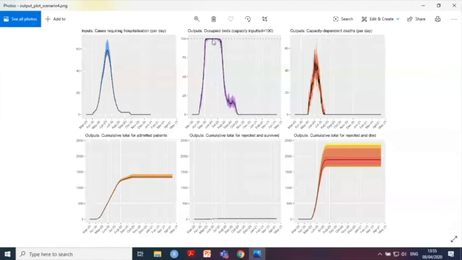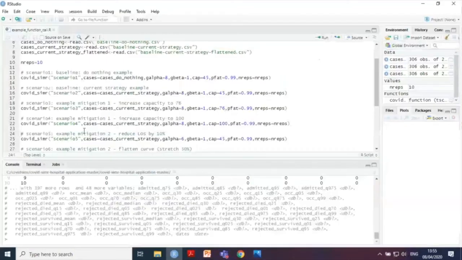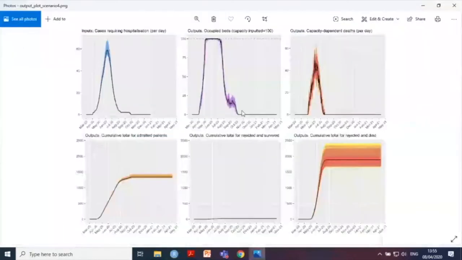This is then an output in terms of the occupied beds over time, according to that level of demand, the length of stay, and the available capacity. So if you recall in here for scenario 4, we'd increase capacity to 100. So we'd put capacity equals 100 in there. And we can see that there in that middle top graph where we've got the dashed line at 100.